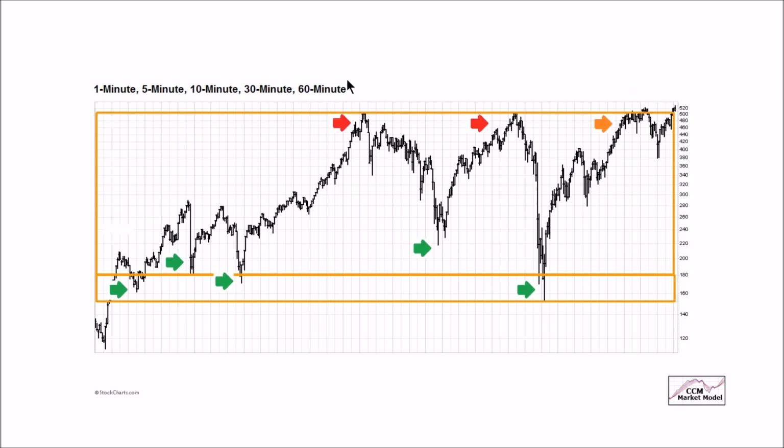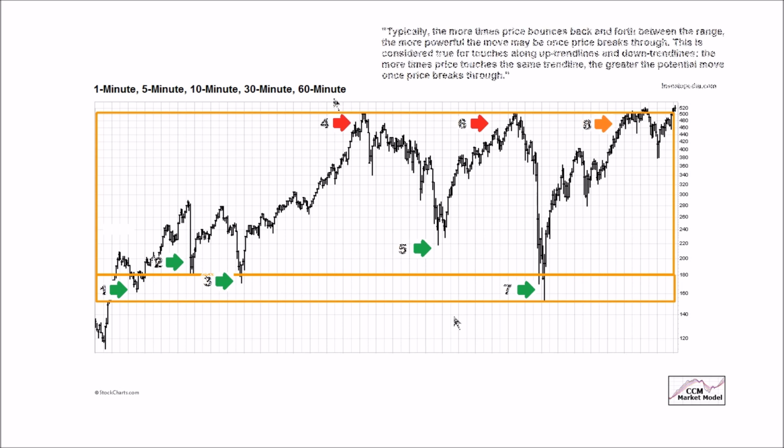So let's assume for the moment we're looking at a 60-minute chart. If we had a 60-minute chart that was holding at the lower end of this range here and being rejected at the upper end of this range here, we would probably call this a trading range on the 60-minute chart. And the number of times that price has hit the upper and lower end of the range is significant. This is from Investopedia.